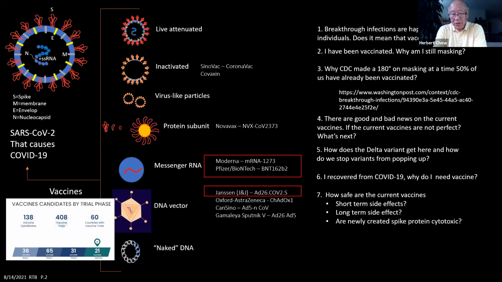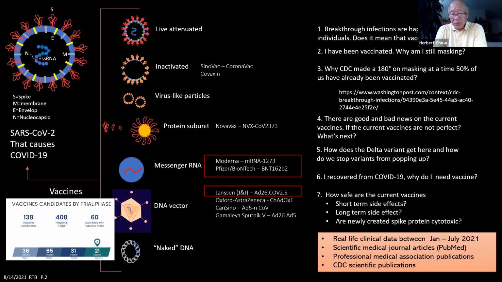So we're going to take a look. I'm not going to give you evidence from any of the YouTube videos where I don't know where they're getting the data from. I know where I'm getting the data from. A lot of these are real-life clinical data between January and July. A lot of them are published in journals, searchable through PubMed.